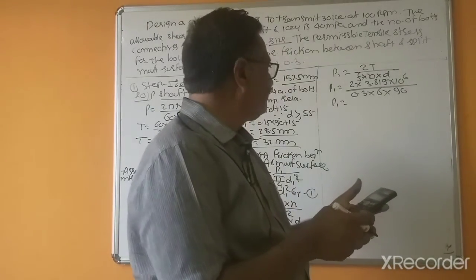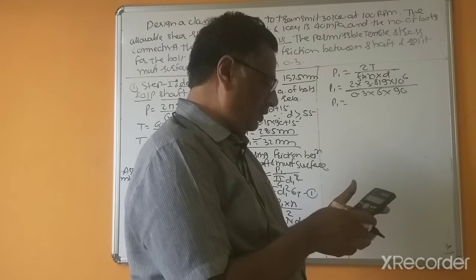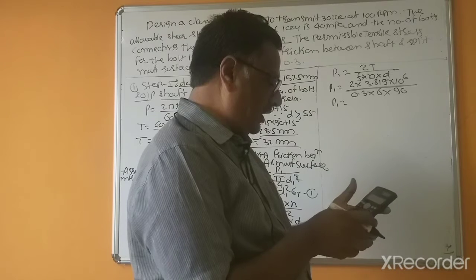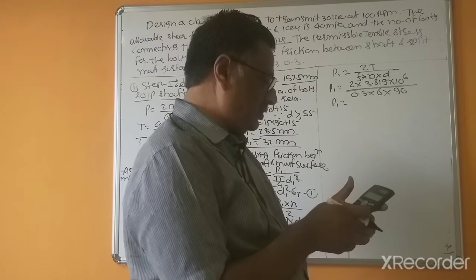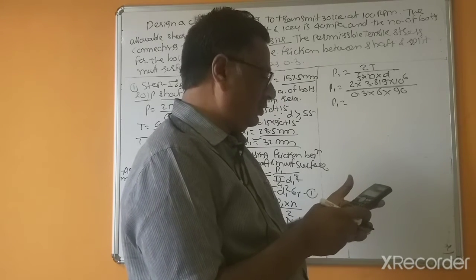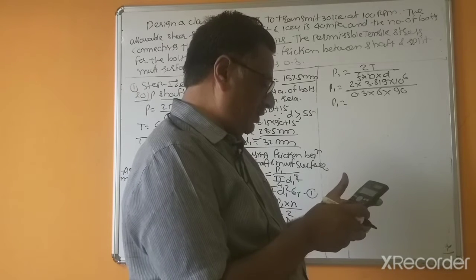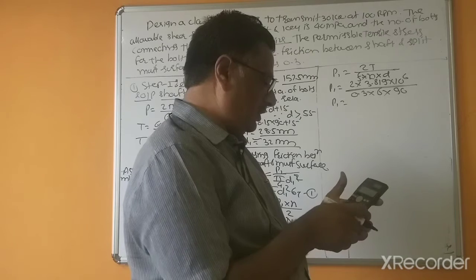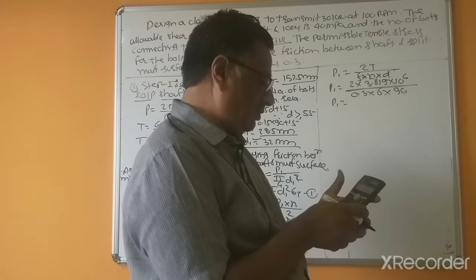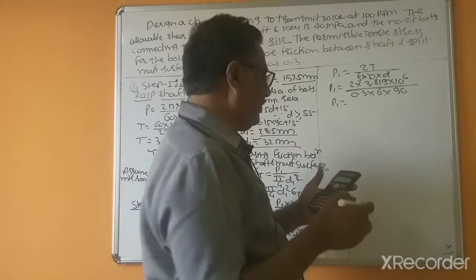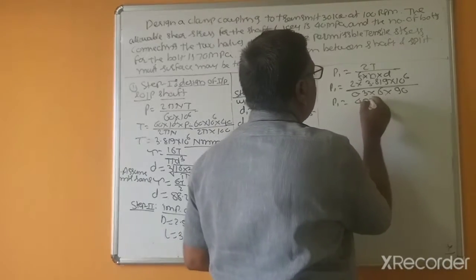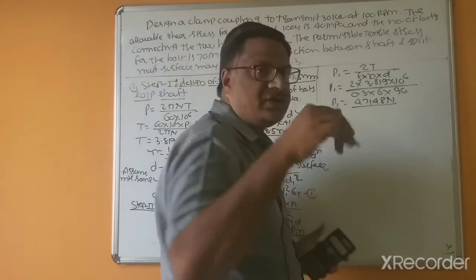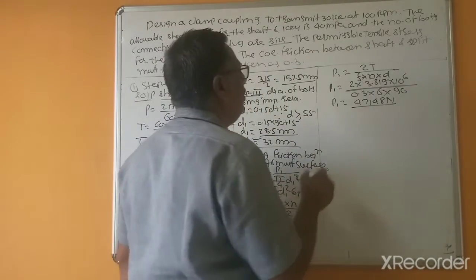So that's why 3.819 into 10 to the power 6 multiplied by 2 divided by 0.3 divided by 6 divided by 90. So this value is 47148 Newton. So this much is the axial force acting on each bolt.